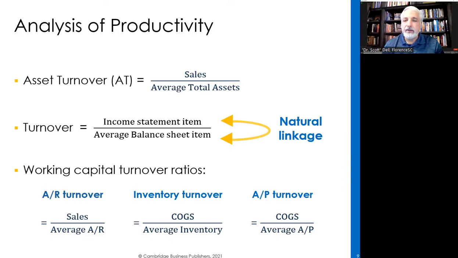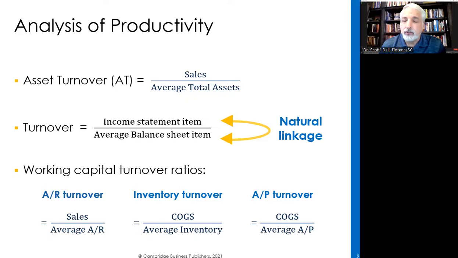Okay. But then we have three other turnover ratios. We have receivable turnover. Again, we have our income statement item in the numerator and the balance sheet item in the denominator. So receivable turnover is based on sales at retail. The sales are at our selling price. Our accounts receivable is at our selling price. Our cost of goods sold, on the other hand, is at our cost, and inventory is on the books at our cost.